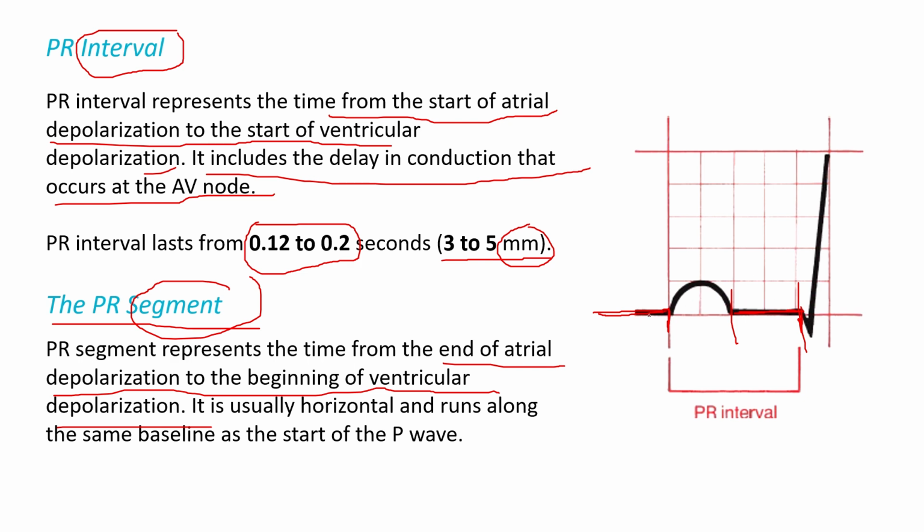If it's elevated, let's say this is a P wave, but the line is now here, and now we have the QRS complex and T wave, so the line is elevated, there's a problem. And mainly we can see depression of the PR segment in case of pericarditis, for example. You see a depressed PR segment. So this is about the PR segment as well.